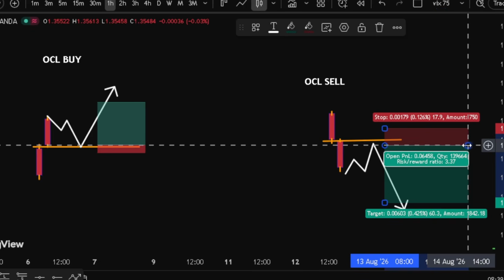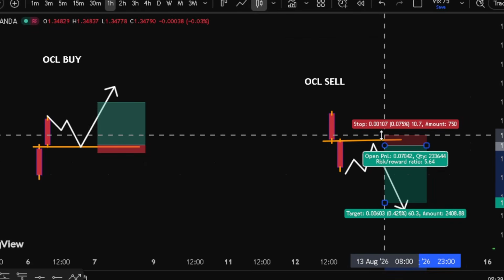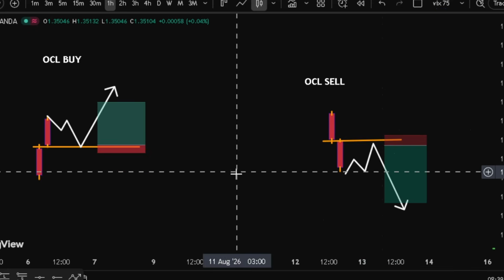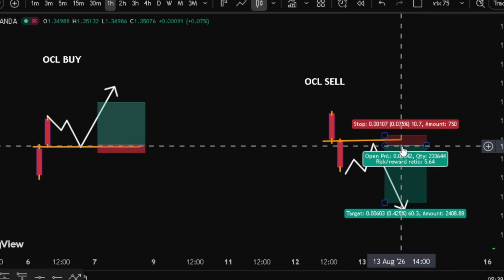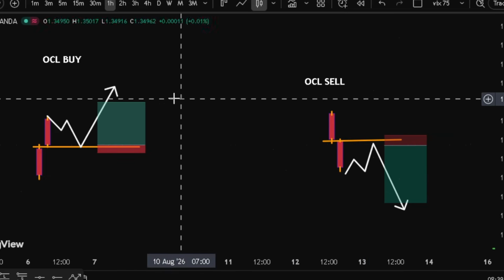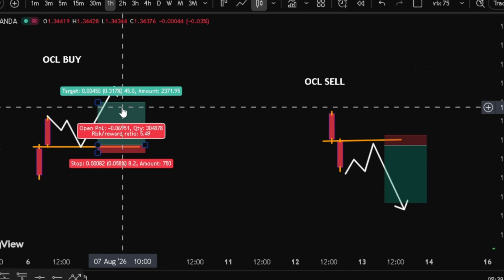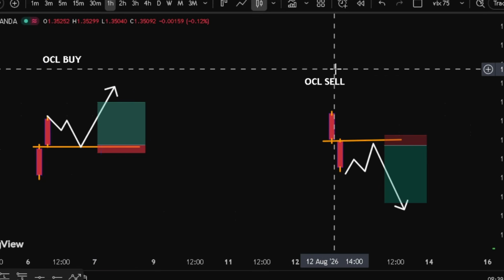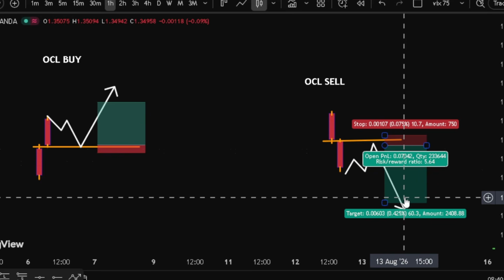That is how you go ahead and take your OCL sell model. You go ahead and get confirmation on your lower time frame, like the 1 minute or the 5 minutes. So this OCL buy, like the name suggests, is used for buy setups. The OCL sell is now used for sell setups.